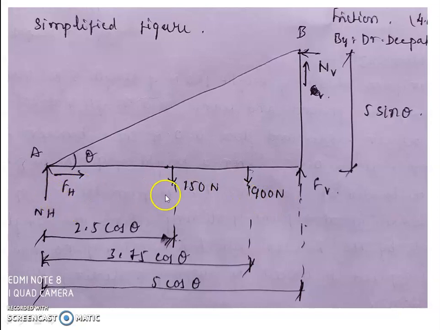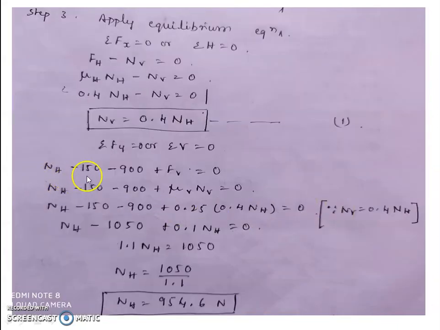NH is positive, 150 is negative, 900 is negative, and FV is positive. Now I will substitute FV, that is mu V into NV. Then the equation becomes: NH minus 150 minus 900 plus mu V, for which I substituted 0.25, and NV, which I found in equation 1, I substituted 0.4 NH, is equal to 0.